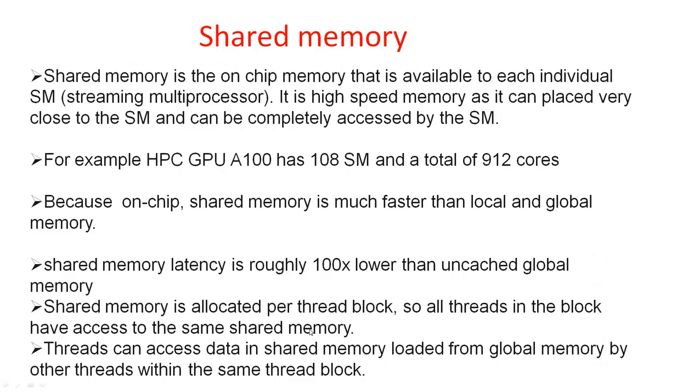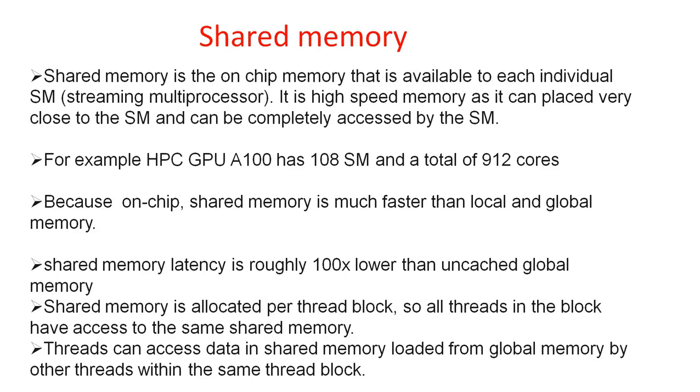Now what is shared memory? Shared memory is the on-chip memory that is available to each individual streaming multiprocessor. Like in our case 108 streaming multiprocessors, each will have shared memory, and it is high speed memory as it can be placed very close to the SM and can be completely accessed by the SM.